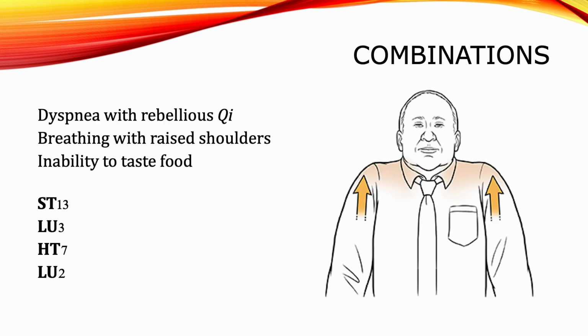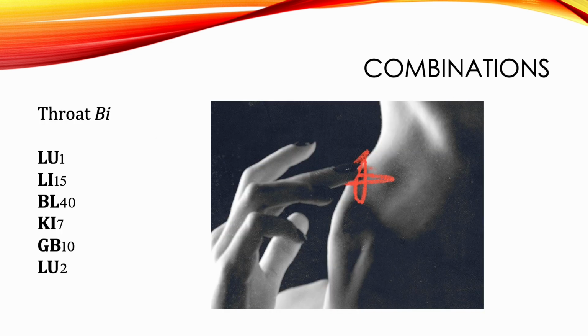Lung 2 can be combined with Stomach 13, Lung 3, and Heart 7 for dyspnea with rebellious qi, breathing with raised shoulders, and inability to taste food. And lastly, Lung 2 is best combined with Lung 1, LI15, Bladder 40, Kidney 7, and GB 10 for throat pain.